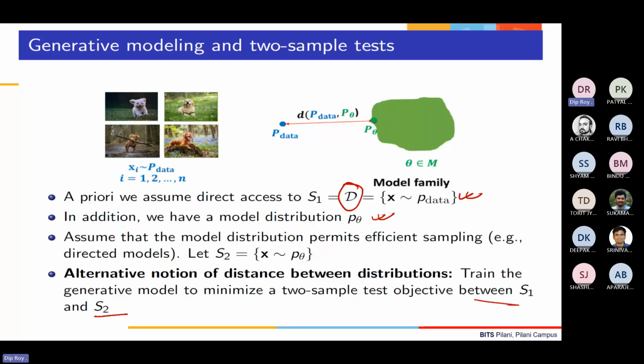So that's how we are now not venturing into the likelihood zone or the probability density zone. What we are trying to do is take the samples, do a two sample test, which is independent of your likelihood or your probability density, and compare both the samples to see if they look the same. And if all these samples look the same, that means that they come from the same distribution. And that's how we are going to move forward.